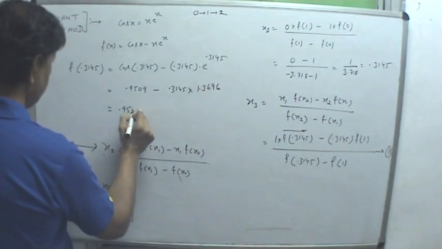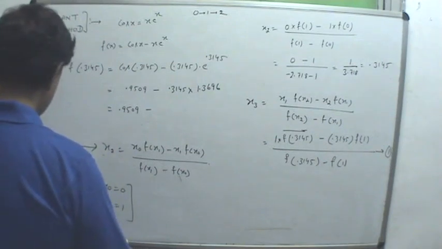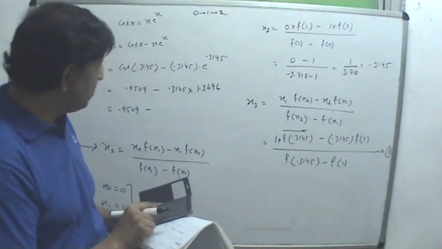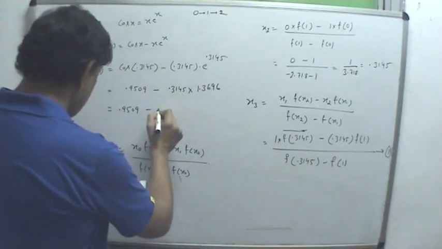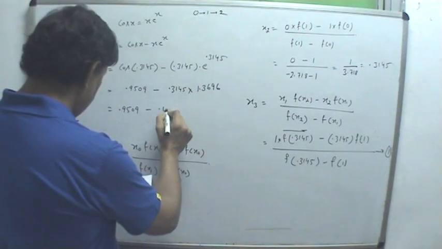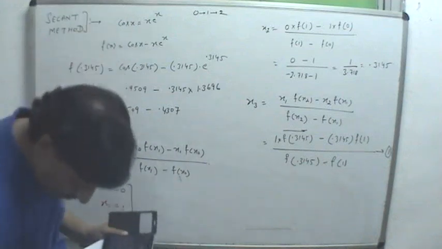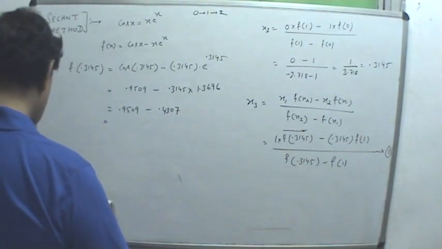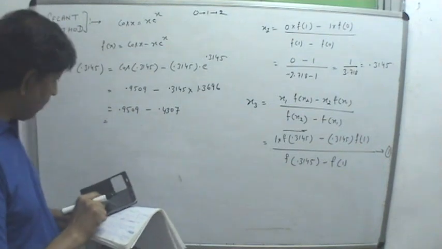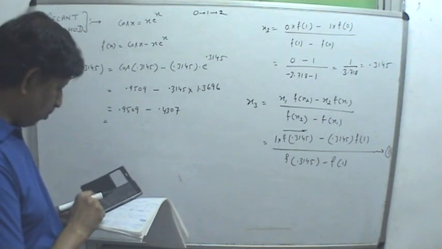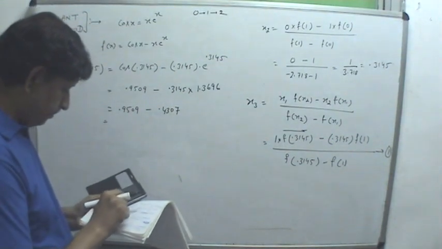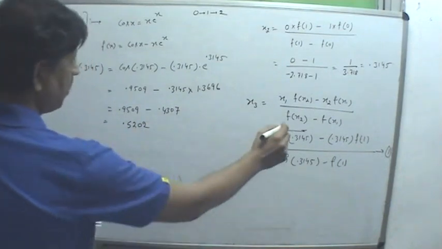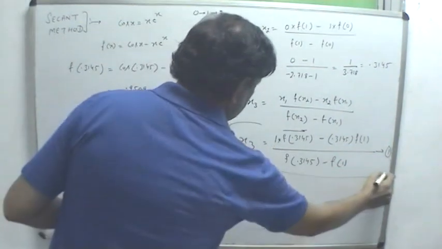That is 0.9509 minus 0.3145 multiplied by 1.3696, which comes to be approximately 0.4307. So that is equal to 0.9509 minus 0.4307, which is 0.5202.